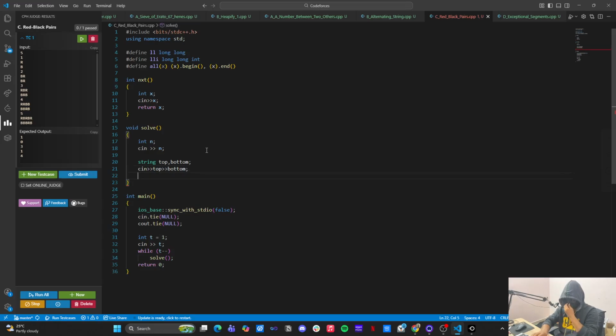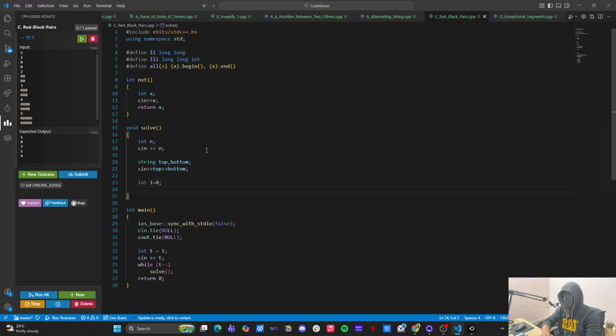Top is basically the top cell, row 0, bottom is basically the row 1. Now I'll take a variable i and I'll run a loop i less than n minus 1. I'll be checking i plus 1 also, that's why I'll be going till n minus 1.